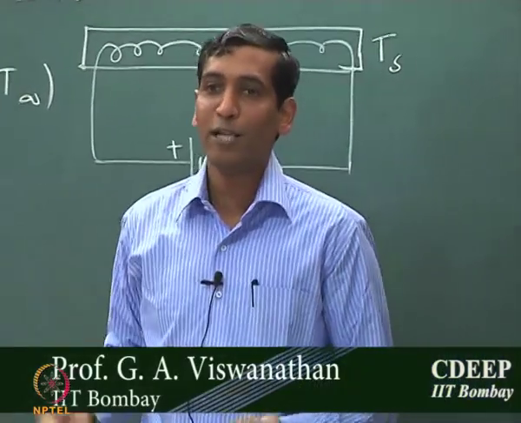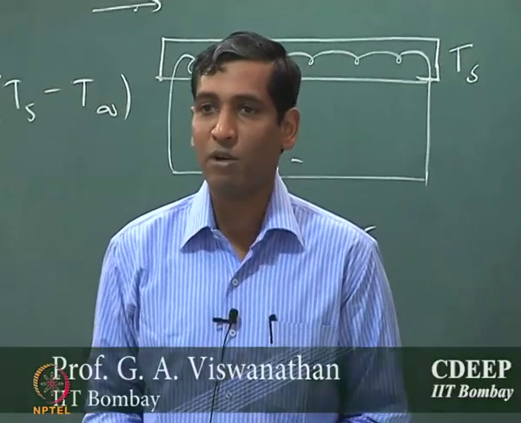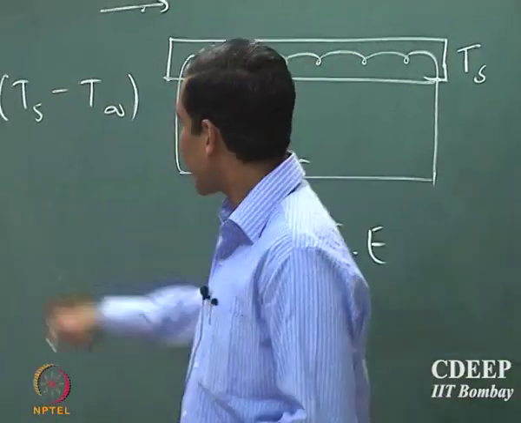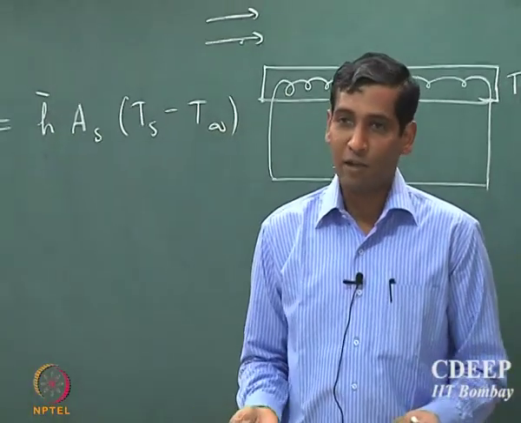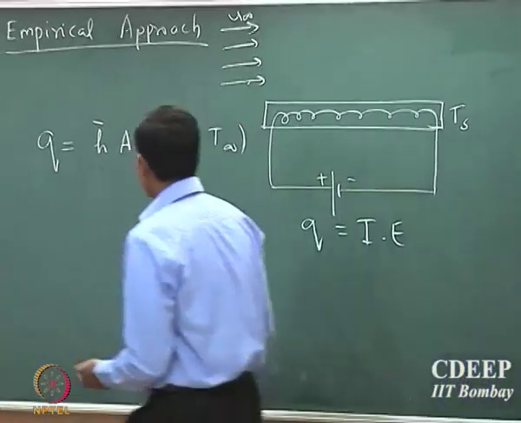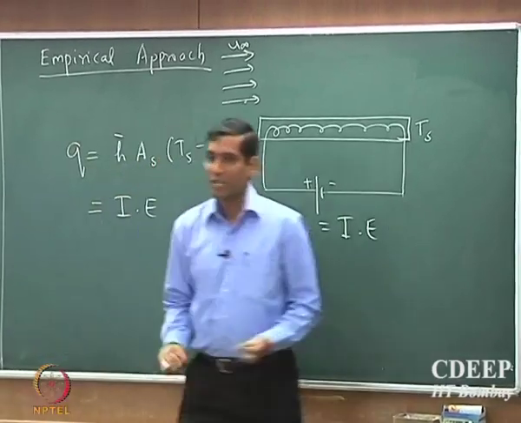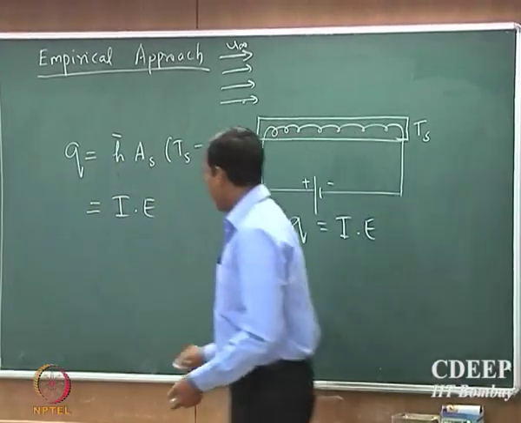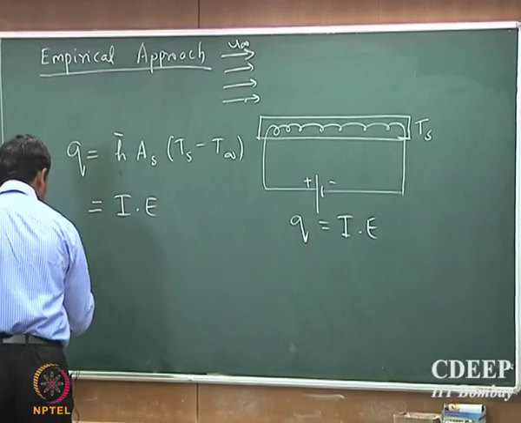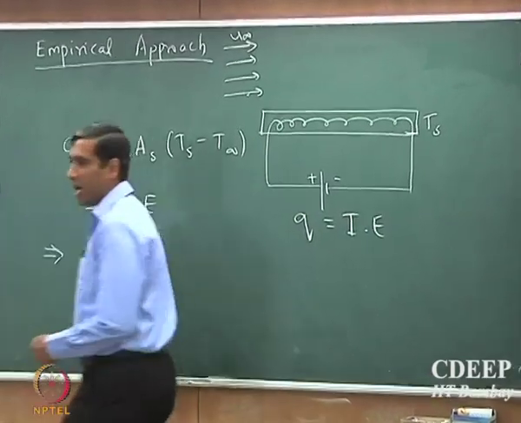So, if you want to look at the total amount of heat that is transferred from the plate to the fluid, you should actually use the average heat transport coefficient, okay. Then that should be equal to I times E. So, that is not difficult to see, okay. So, from here experimentally one could estimate H bar.